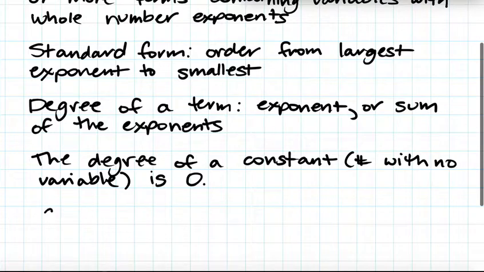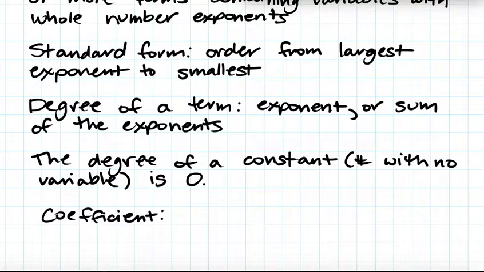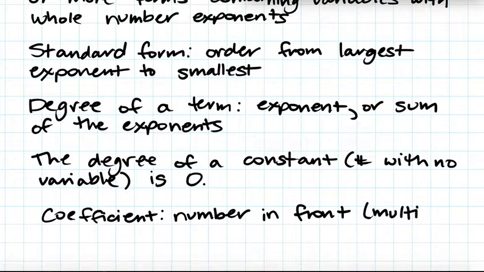Our next definition is coefficient. Coefficient is the number in front in a term, or the number that's multiplied by the variable or variables.